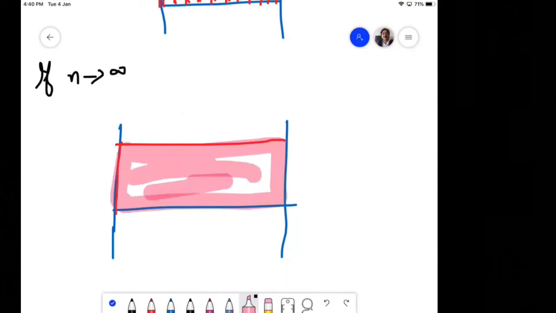So this becomes a continuous area. So this becomes a constant.